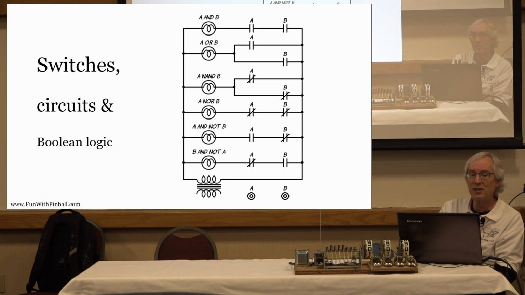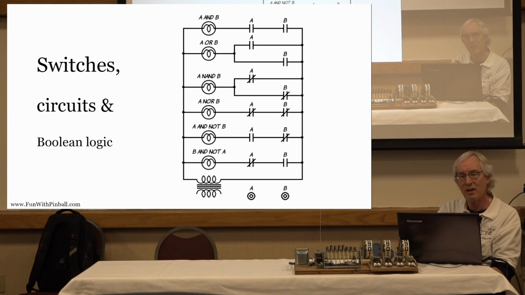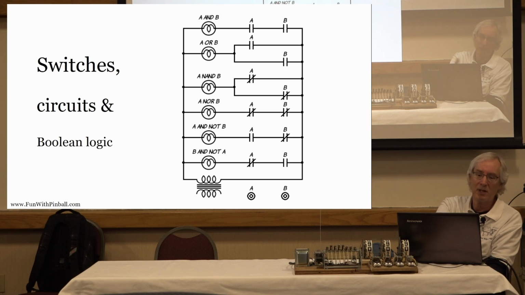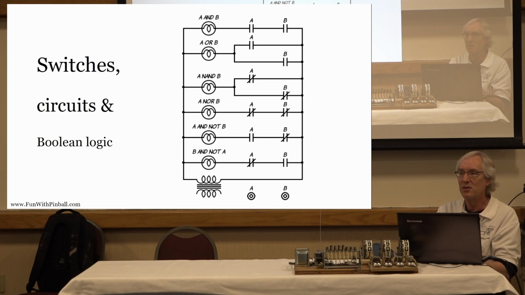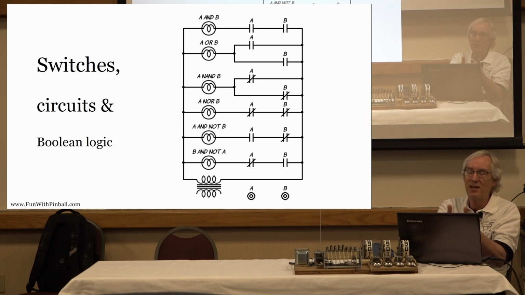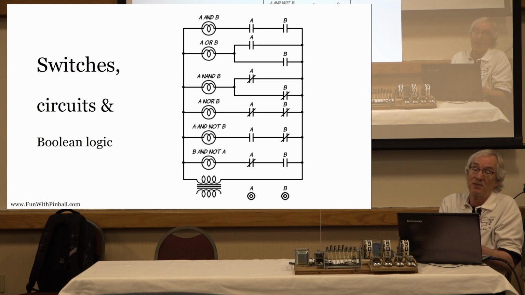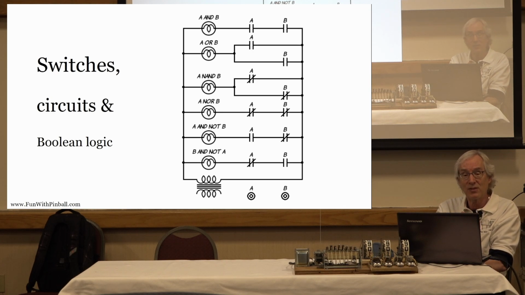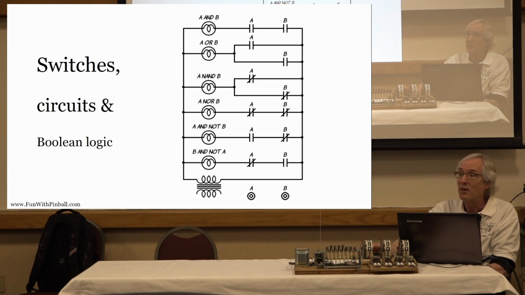All these lights are going to turn on at different times based on the combinations of switches that I've used. At the bottom of this picture, they could be targets, they could be relays, they could be steppers. It's just a device. So I have an A device and a B device. And when that device activates, it will flip all of the switches on that device. So if I, can I get over there?